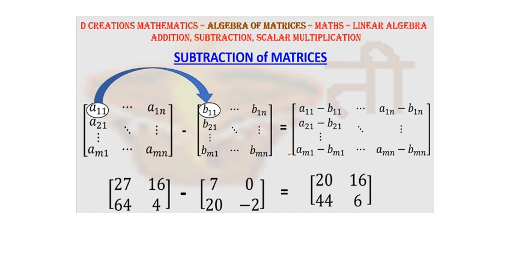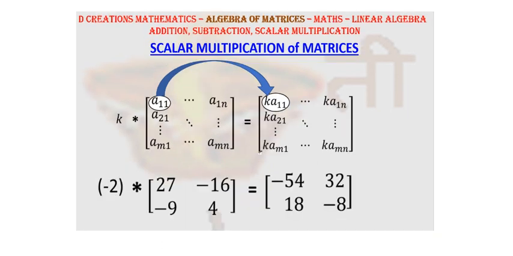Now let us look at the third operation, the operation of scalar multiplication. So let us imagine that k is a scalar and it's a real number, and you are multiplying this particular matrix by k. Again, the same rule. Multiply k to each of the elements, and that is going to give you the corresponding element of the scalar multiplication matrix here.